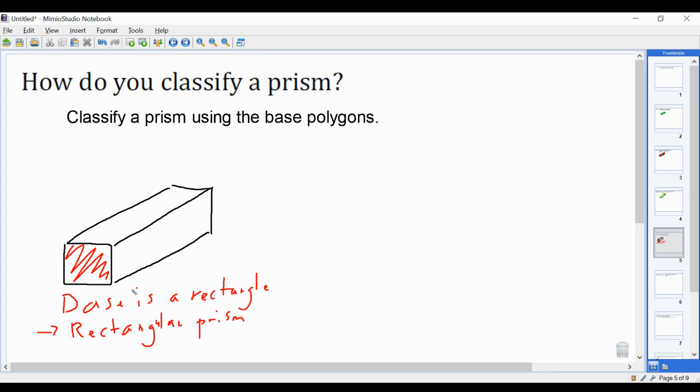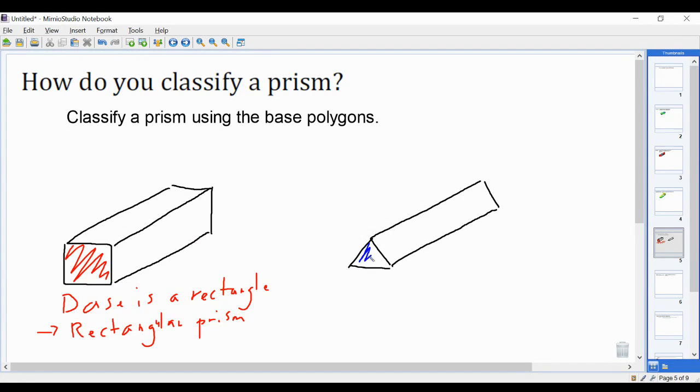Also, we could start with a triangle. Here's a triangle, and we could pull that through space. And then we would have a triangular prism.